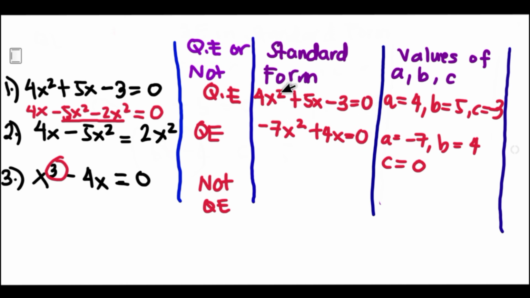Dapat na pinakamataas na exponent ay 2. And, pwede tayong gumamit ng dalawang method kung saan kayo nadadalian sa paglipat ng mga terms, pupunta sa kanan or sa kaliwa. So, gamit kayo ng addition property of equality or transposition. So, kung saan kayo mas nadadalian, yun ang gawin ninyo.